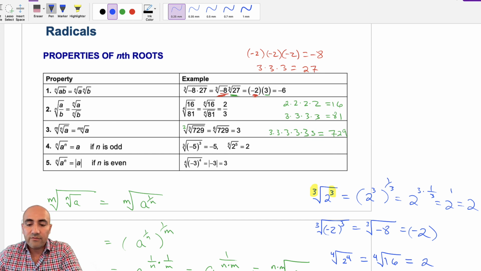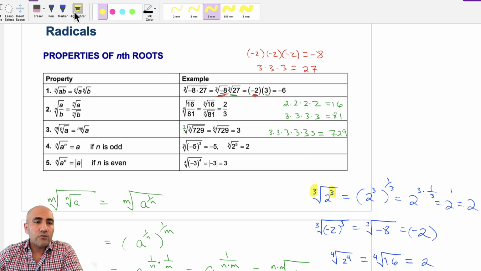If I have negative 2 raised to the fourth power, and then I want to find the fourth root of that, now it doesn't quite work out, because negative 2 to the fourth power is still positive 16. And I want to find the fourth root of that. The answer is 2.